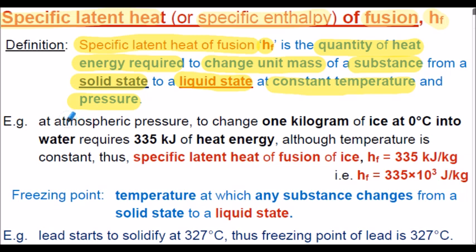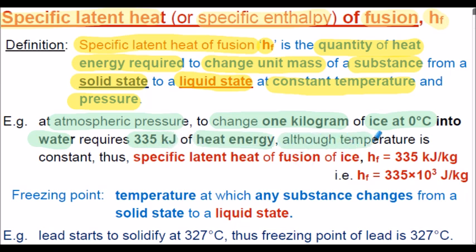For example, at atmospheric pressure, to change 1 kilogram of ice at 0 degrees C into water requires 335 kilojoules of heat energy, although the temperature remains constant. So specific latent heat of fusion for ice, HF, is 335 kilojoules per kilogram, or HF can be stated as 335,000 joules per kilogram.